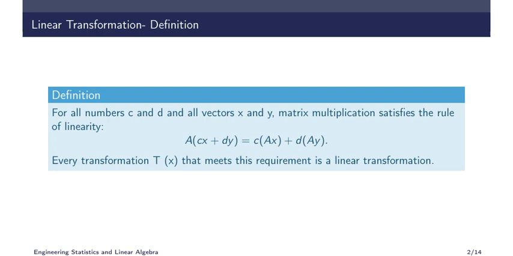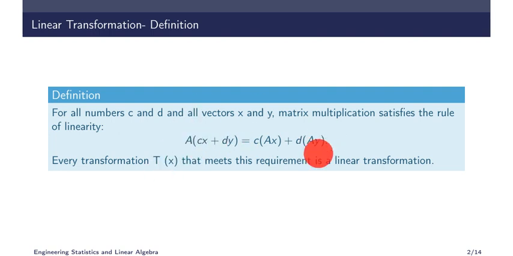Similarly here the transformation is multiplication by a matrix. Here A is the matrix. So A into cx plus dy, if it can be written as c into Ax plus d into Ay, then we can call that this is linear. So matrix multiplication is by default linear. Any transformation by multiplying with a matrix is always linear.